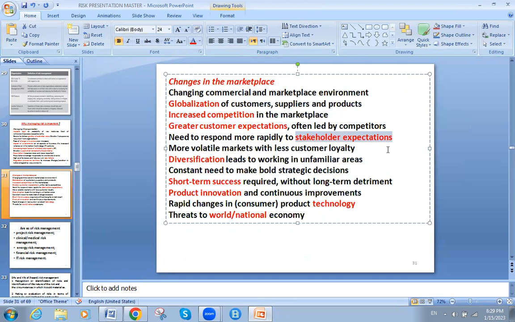Because of greater customer expectations, and changed stakeholders' expectations, because of the diversification which the whole world is living in now, like Canada here, a very diversified country.